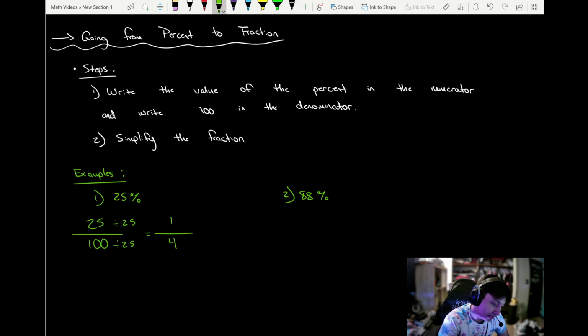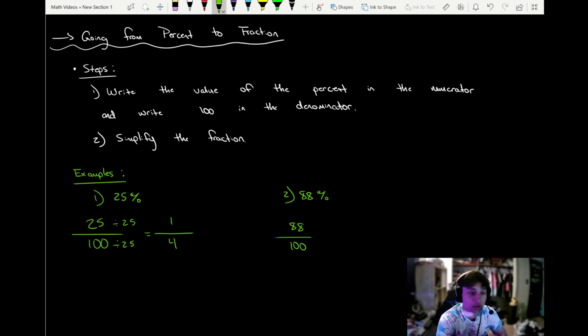Example 2 is 88%. We're going to follow the same steps. Write the value of the percent in the numerator and 100 in the denominator. Then I notice they're both even numbers, so 2 can come out of the top and the bottom. But another 2 can come out.